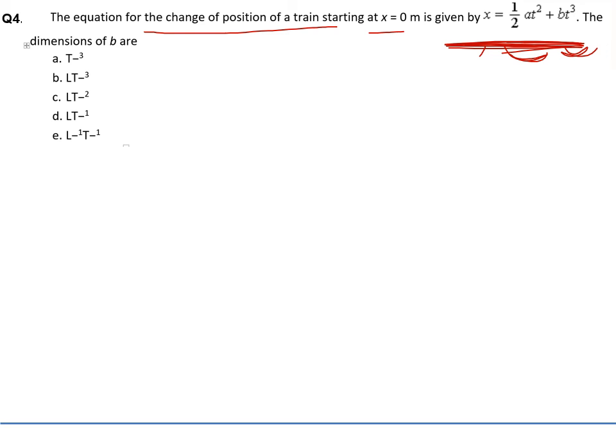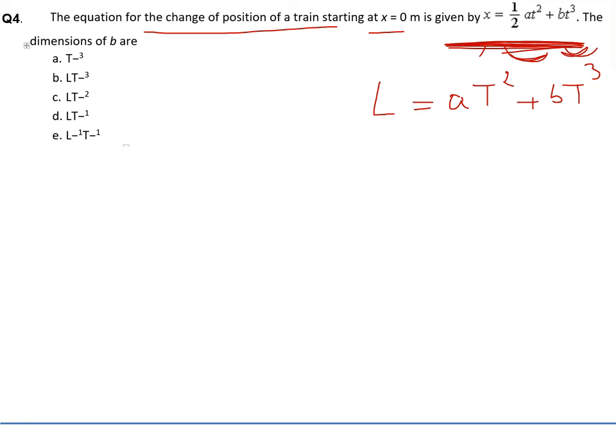If I put the dimensions for x, I will have the dimension L. At square will be a and t square, plus b with the t cube.